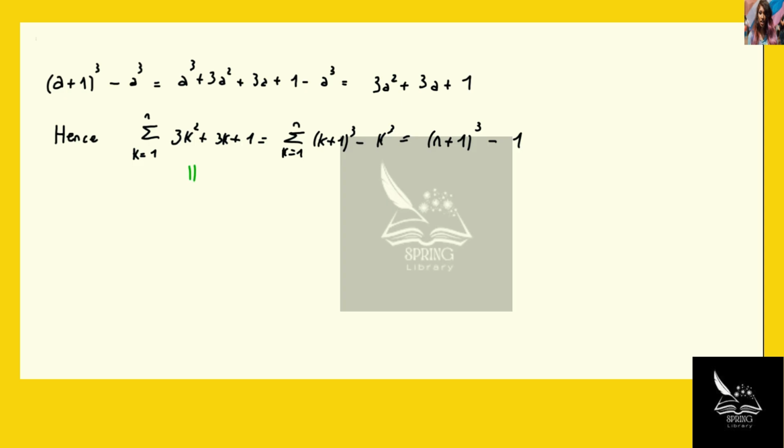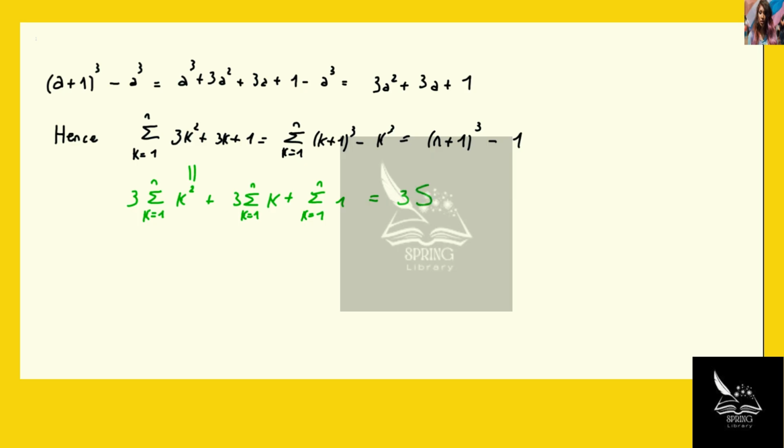On the other hand, the first sum that we've written, we can split it into its various sums, so that's 3 times the sum of k^2 plus 3 times the sum of k plus the sum of 1. Now, the sum of k^2, that's the sum that we're looking for.